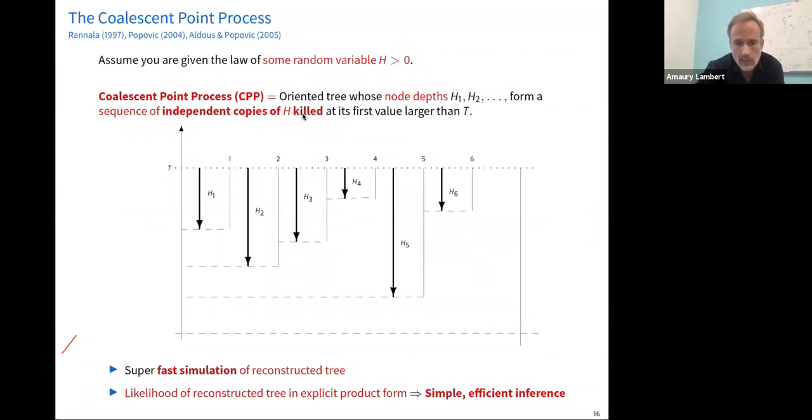And so you see that this is a very simple way of building a tree from a bunch of independent random variables. And so from this, you get a super fast way of simulating the reconstructed tree.